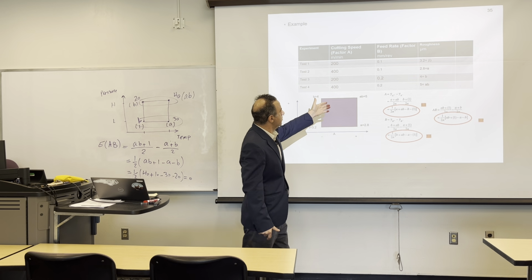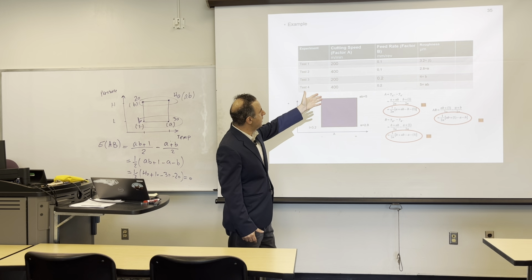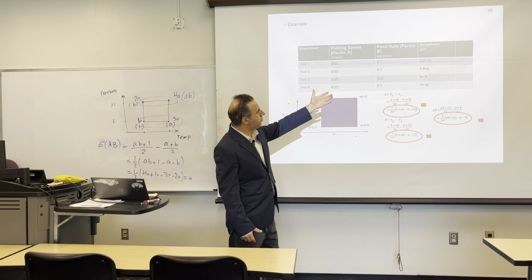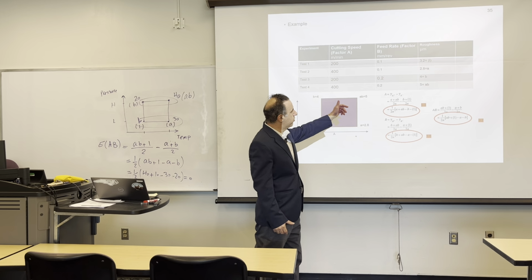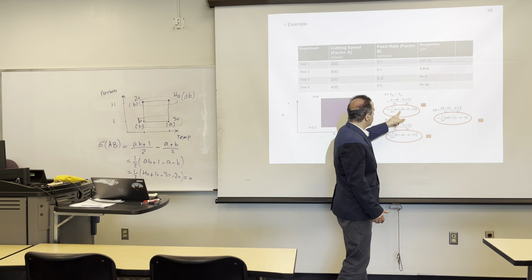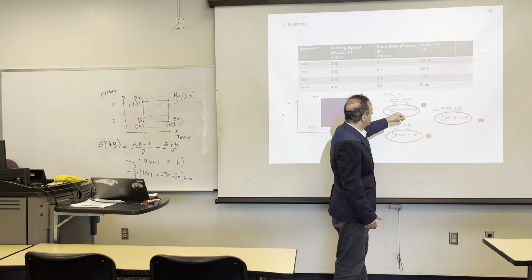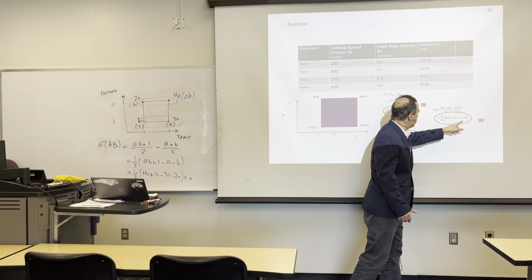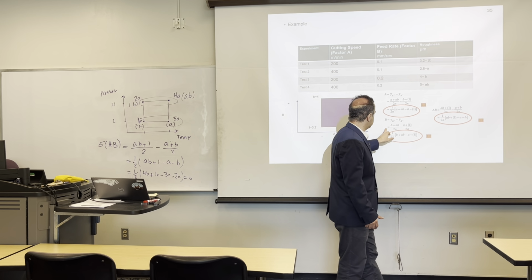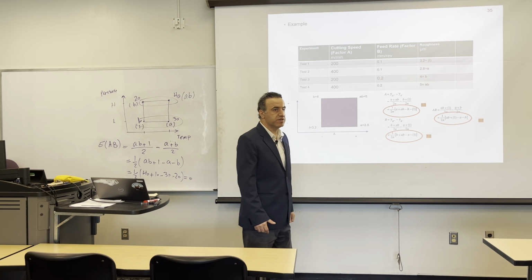So this is another experiment you can test. You see cutting speed, feed rate, and then you get roughness. Once you plug those numbers in, you can find 0.3 for main effect A, and 0.7 for interaction. And this one, AB, you got 1.5. What does it mean?